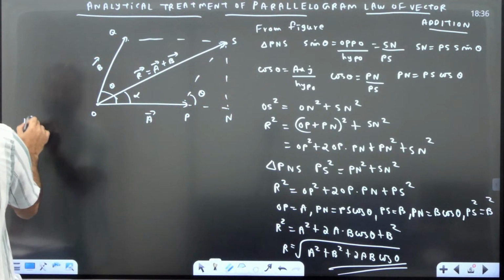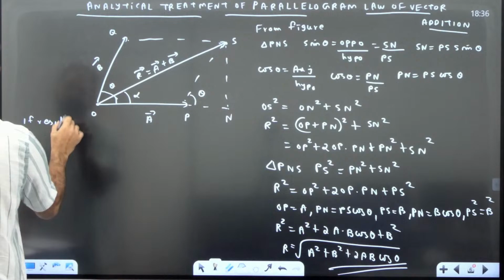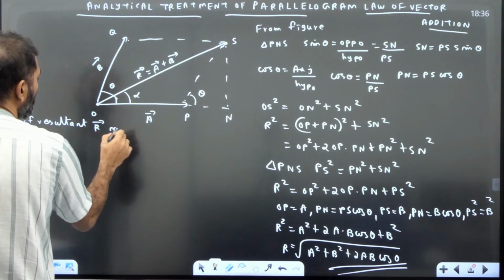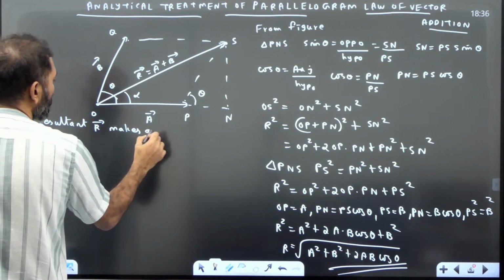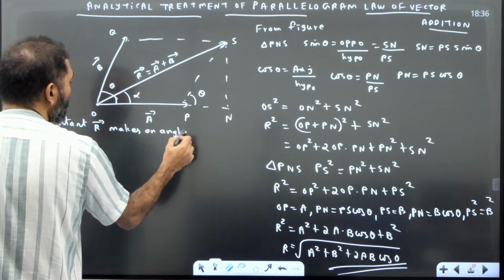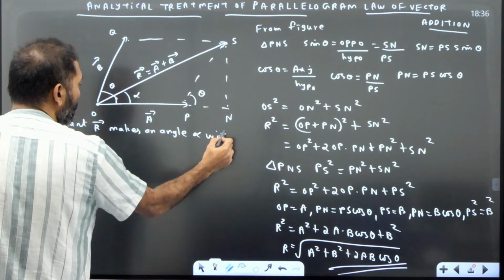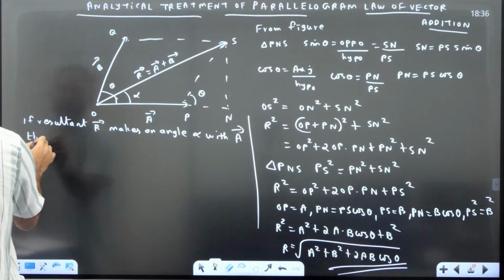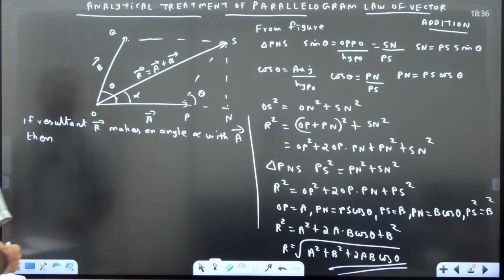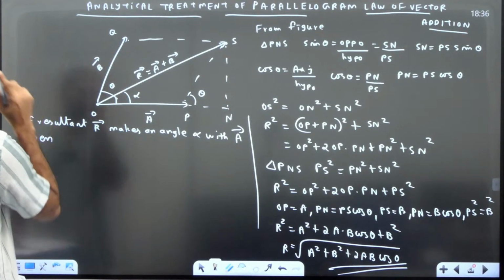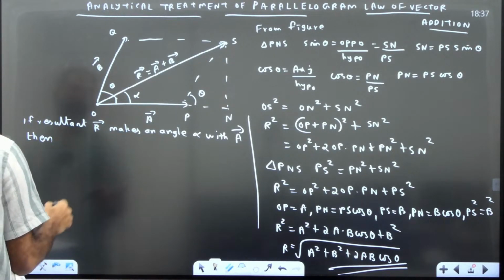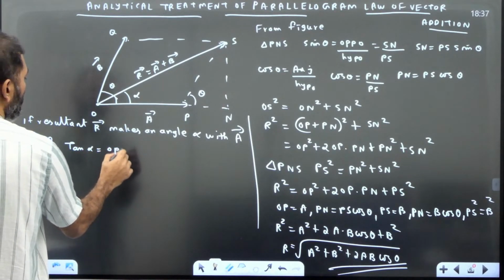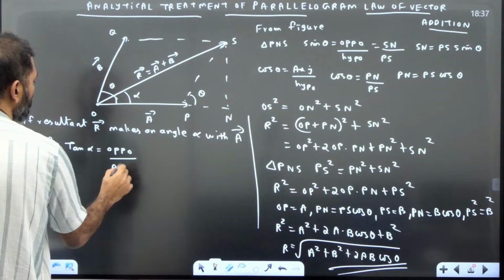Now, if resultant R vector makes an angle alpha with A vector, what is tan alpha? Opposite by adjacent.